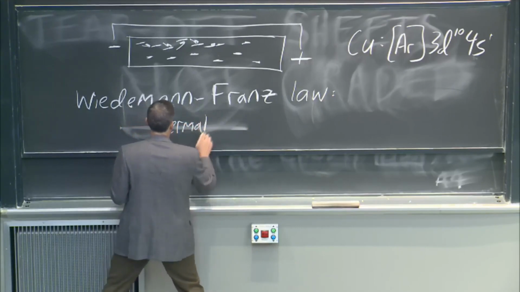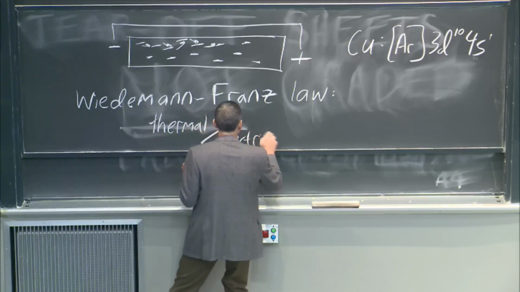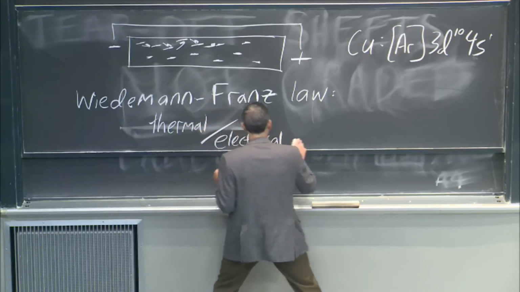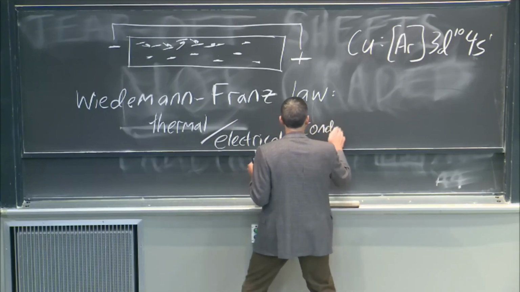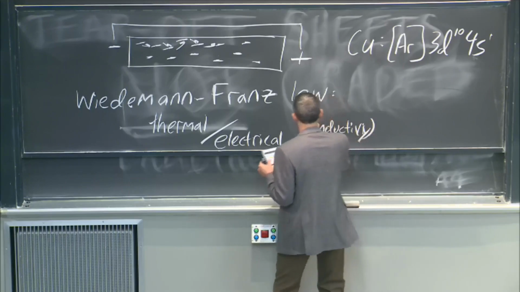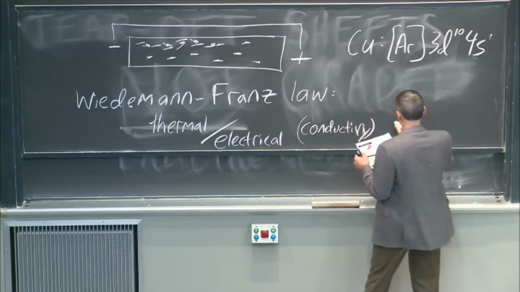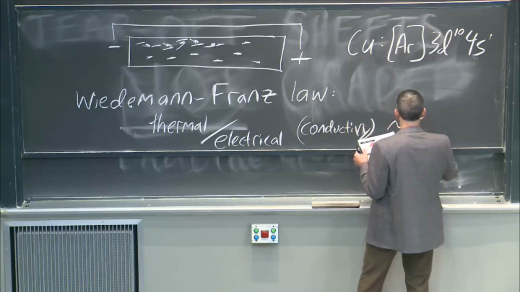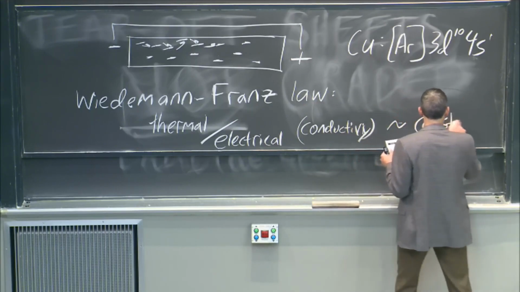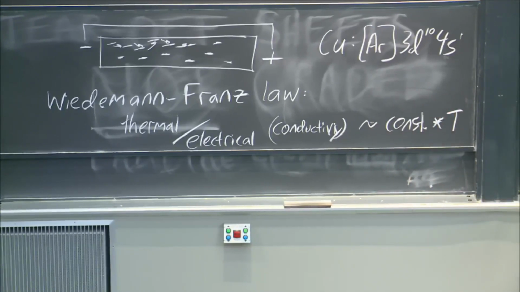Thermal divided by electrical conductivity, for both, conductivities. Okay, I'm putting it in parentheses. It should be thermal conductivity divided by electrical conductivity goes as some constant times the temperature.